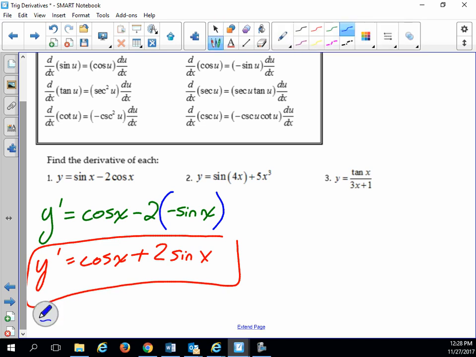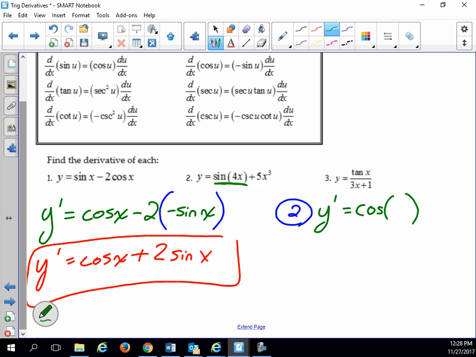So let's talk about number 2. Number 2 says the sine of 4x plus 5x quantity cubed. Well, this, ladies and gentlemen, because that's not a finite element x, has chain rule. So, y prime equals the outside, the derivative of sine of x, is cosine.